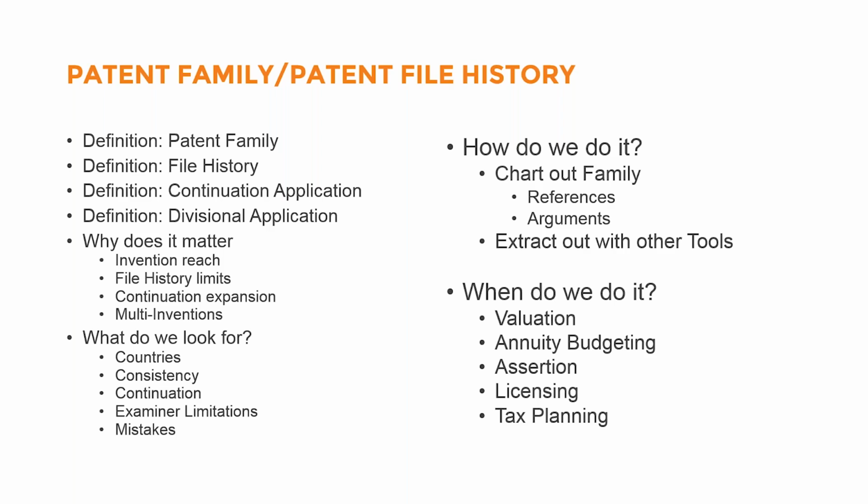One of the biggest takeaways that we're going to talk about here is, if I've got a patent in the US and then I've got 3 international filings that go along with it, just assuming that those international filings are going to have the same claim coverage as the one in the US is very short-sighted, and it's going to wind you up in trouble if you end up relying on that type of analysis too much.